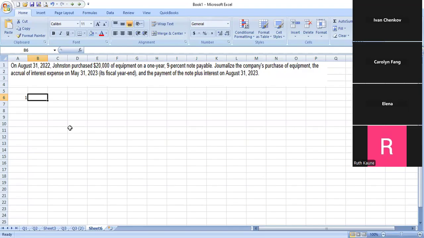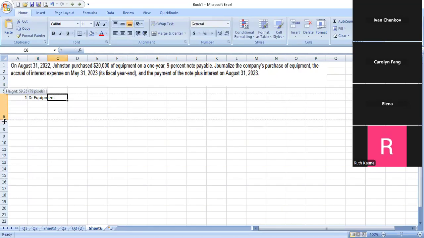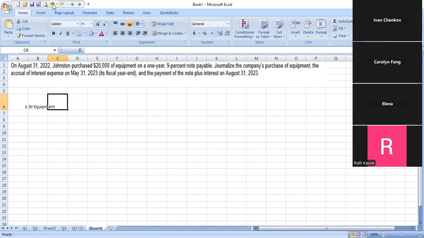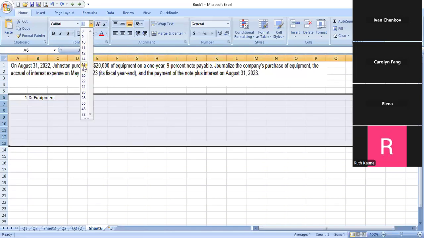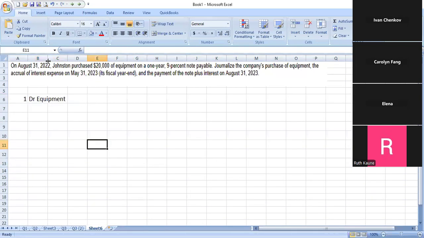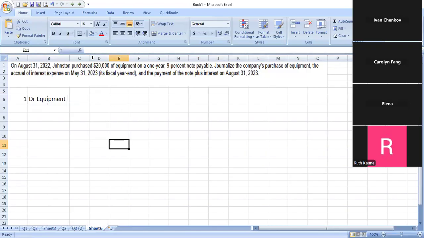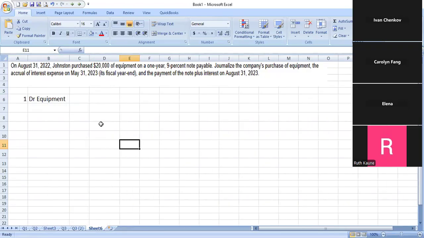Purchase the equipment, right? Debit will be equipment, and that's the purchase price for that equipment. We already know it. And that equipment is for the amount of $20,000.